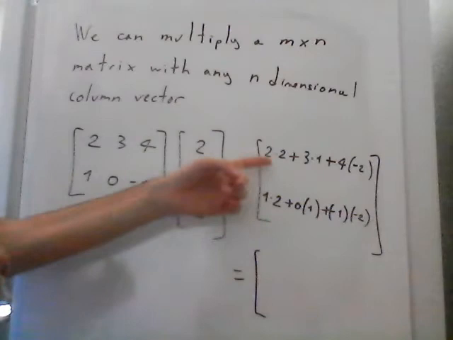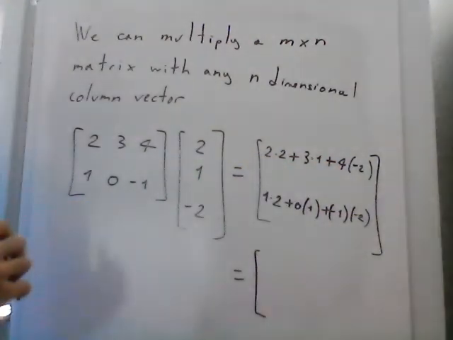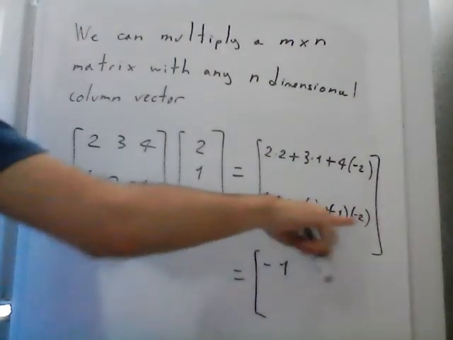So 1 times 2 plus 0 times 1 plus negative 1 times negative 2. Okay, so what we get is 4 plus 3 plus negative 8, which is negative 1, and 2 plus 0 plus 2, which is 4.